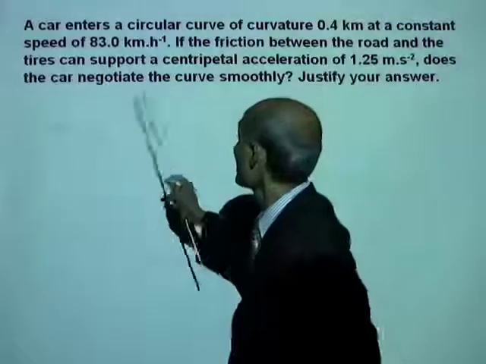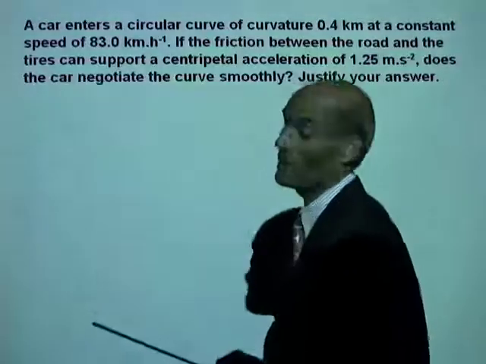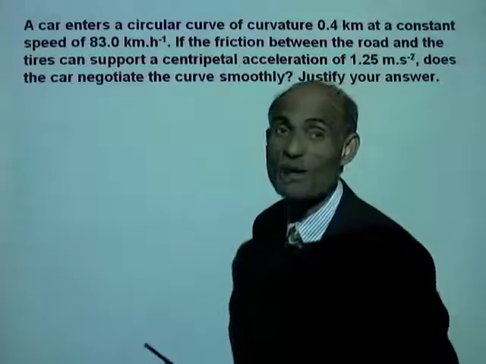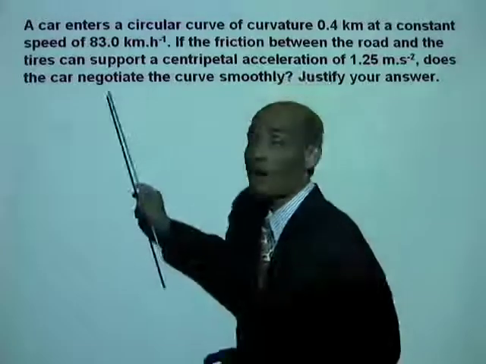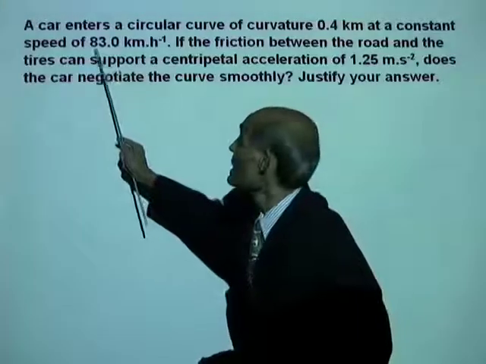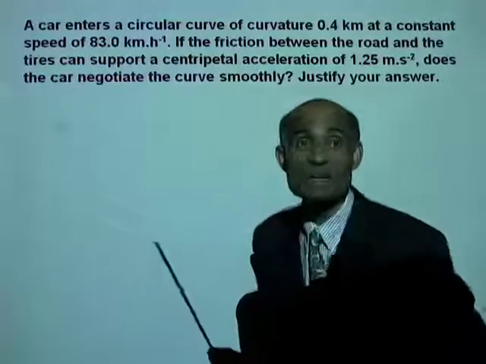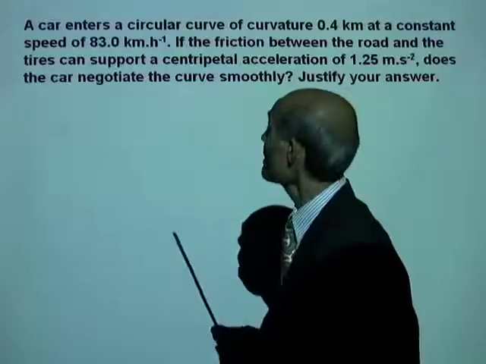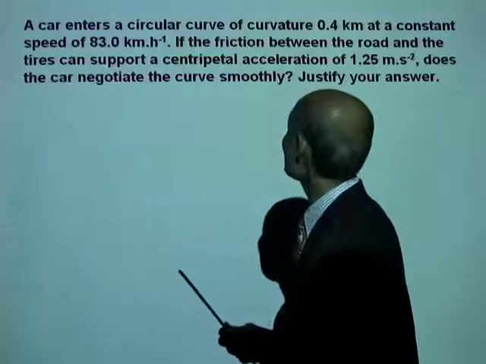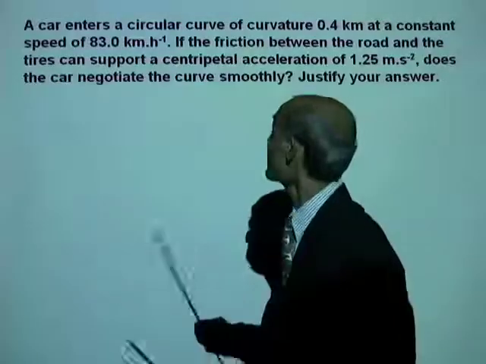Now, does the car negotiate the curve smoothly? Well, I think I need to change my argument a bit. Our aim is to find if this speed is a safe speed. Now, how do you know if that is a safe speed?